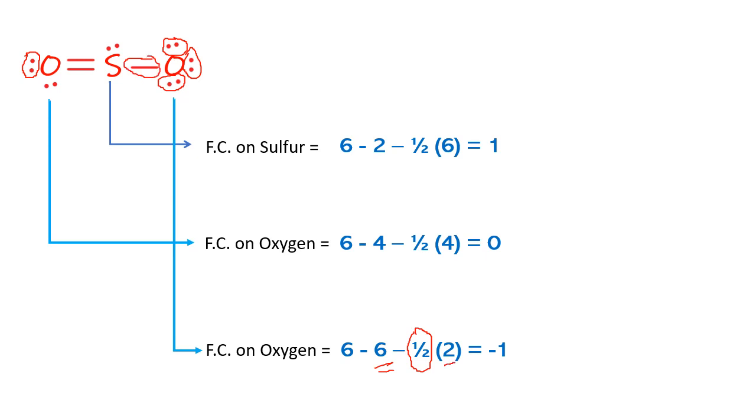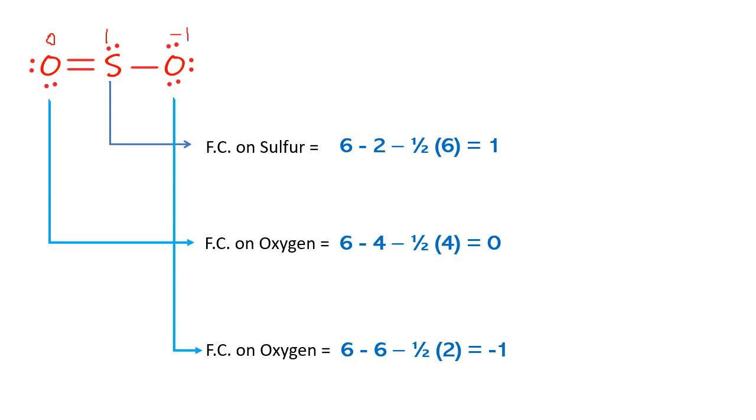So what is the answer? -1. So formal charge on this oxygen atom is -1. So in all these three atoms, this oxygen has 0 formal charge, this sulfur has +1, and this oxygen has -1 formal charge.